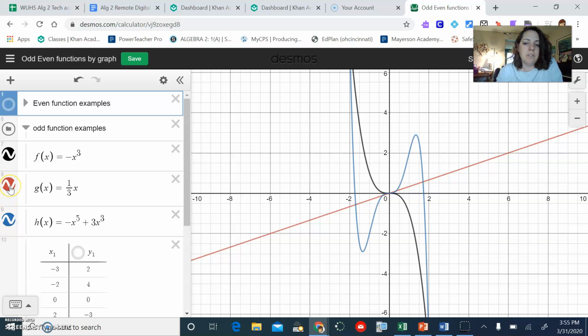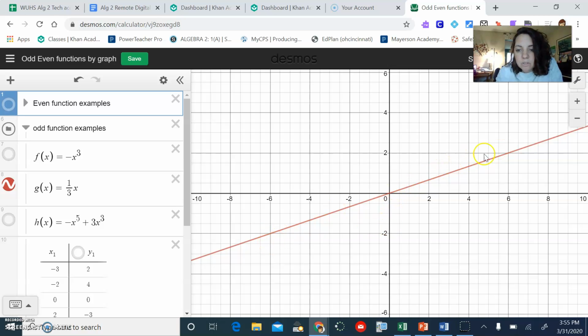What's true about these functions, and let me use, see, which one do I like? I'll use this one, that's easiest. There is a symmetry about this, and the short version is if you flip it twice. So we flip it over the y-axis, and then we flip it over the x-axis.